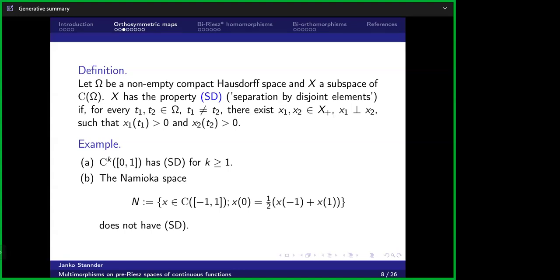And you can easily convince yourself that the points 0 and -1 or 0 and 1 cannot be separated by disjoint elements. Okay, so we have spaces which have SD and spaces which do not have SD.